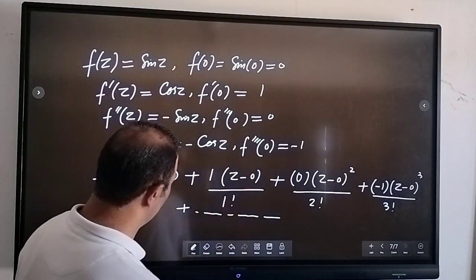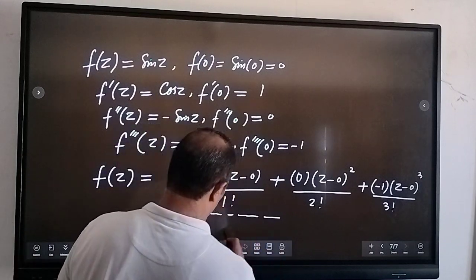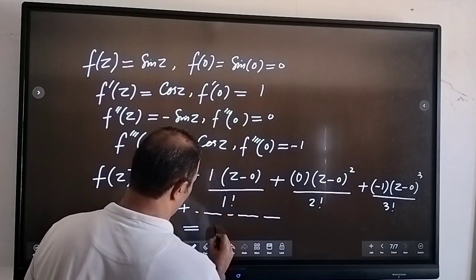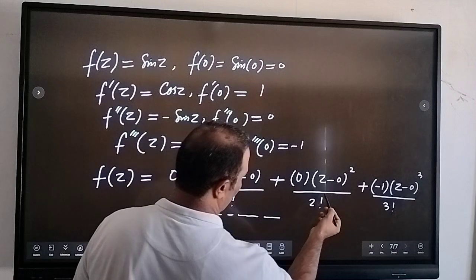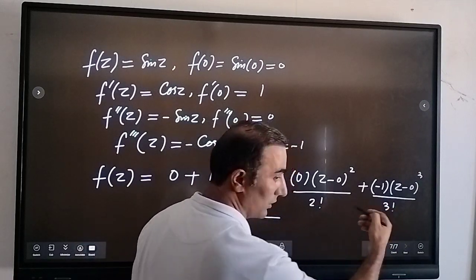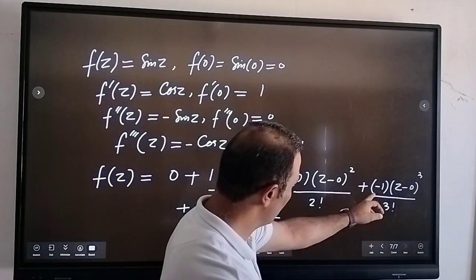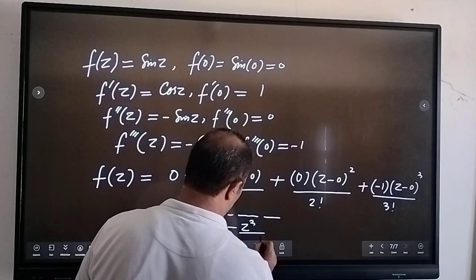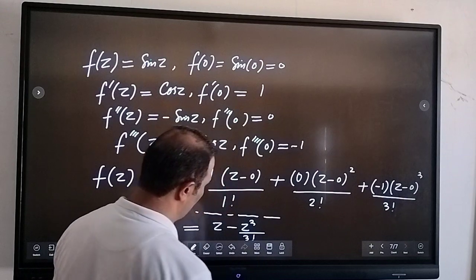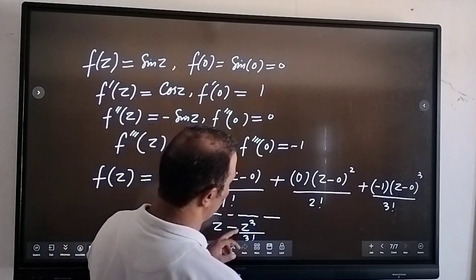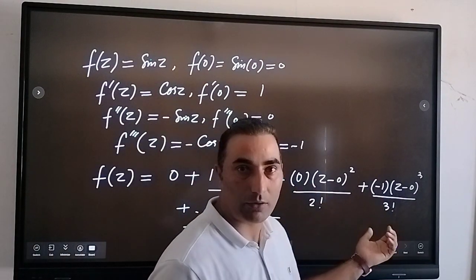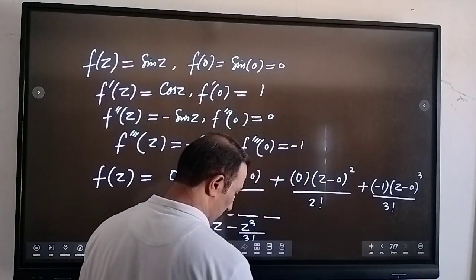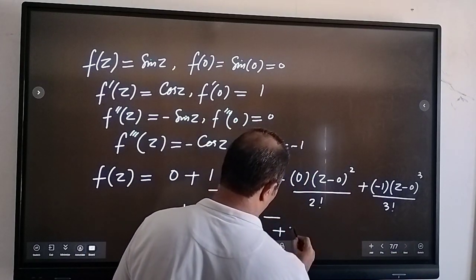So if you check here, first term is 0, so I will get first z, then this term is 0, so only odd terms will exist here. So that is minus z cube by 3 factorial. Okay. And similarly, another term will be a plus term. So that will be plus z raised to the power 5 by 5 factorial.